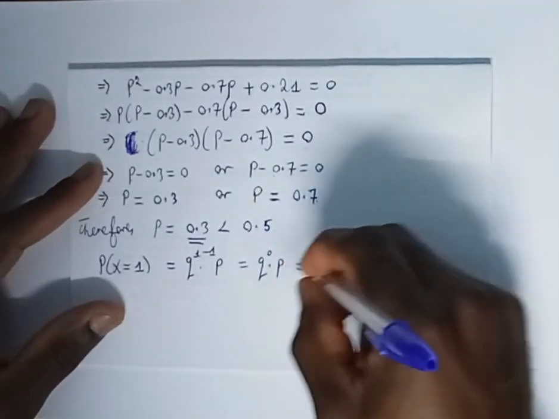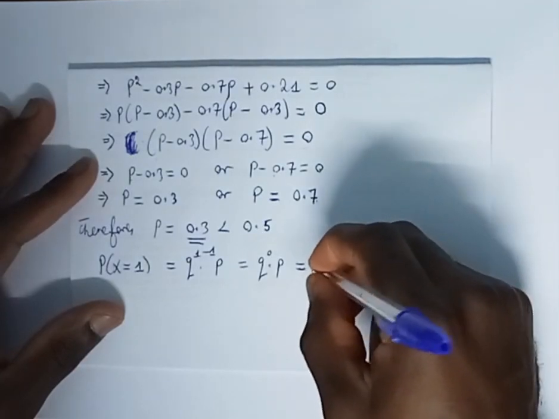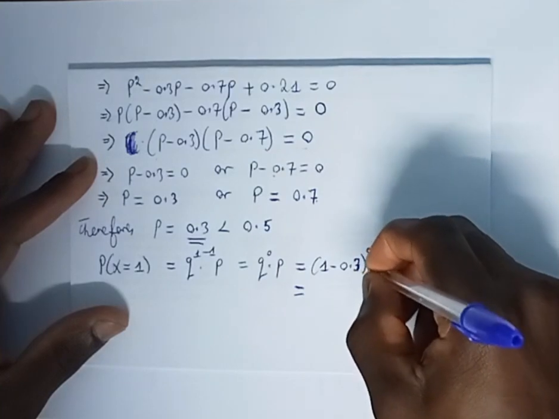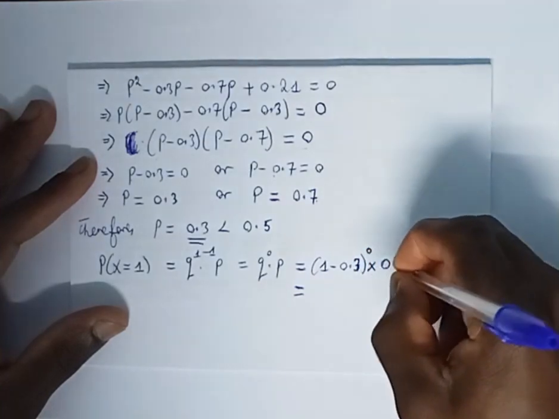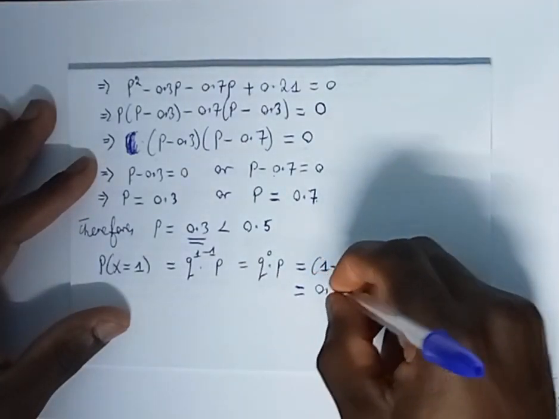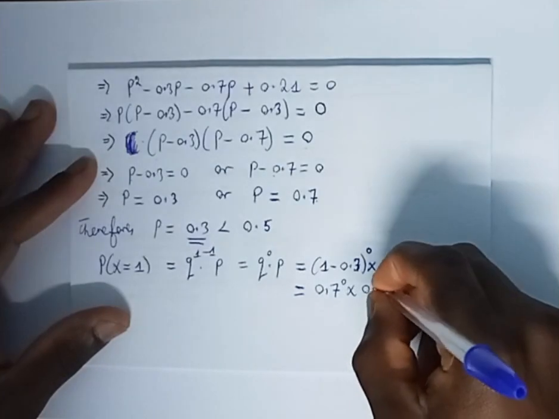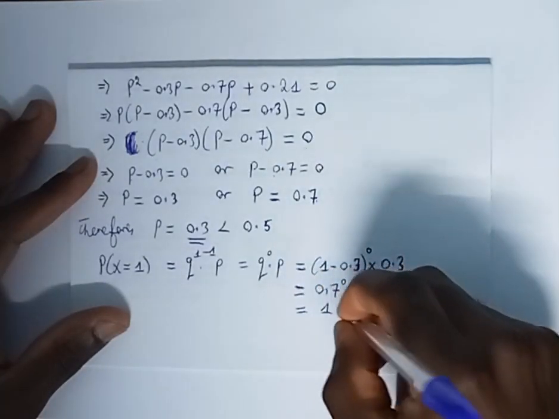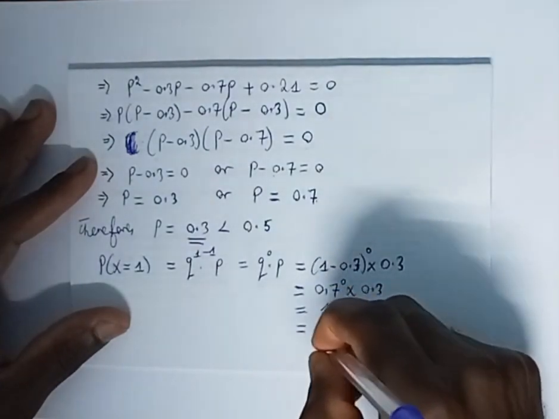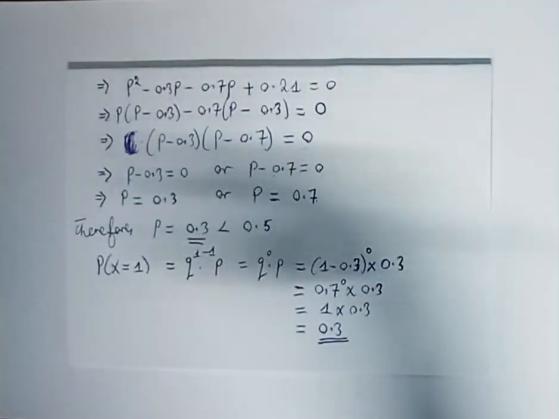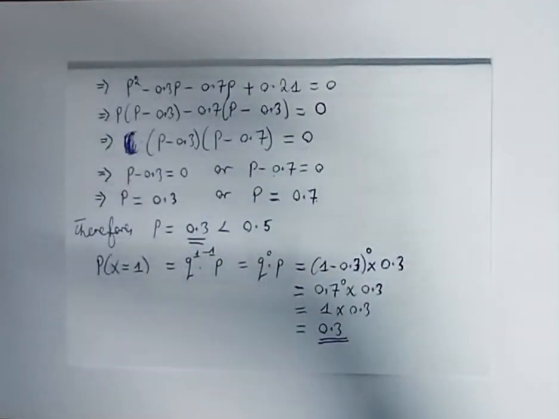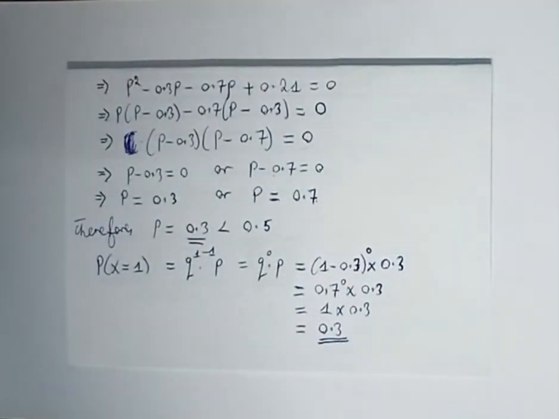So this is 1 times 0.3, which will be equal to 0.3. We underline the result. Therefore, P of x equal to 1 is simply equal to 0.3. We are done with the solution of this question.